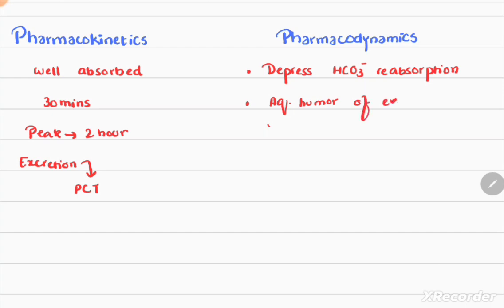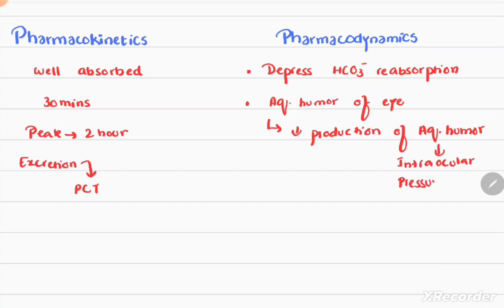As a result, there is a decreased production of the aqueous humor. Now, when there is a decreased production of aqueous humor, the intraocular pressure is decreased. So when the intraocular pressure is decreased, it is used in the treatment of glaucoma. So this is how it is used in the treatment of glaucoma.